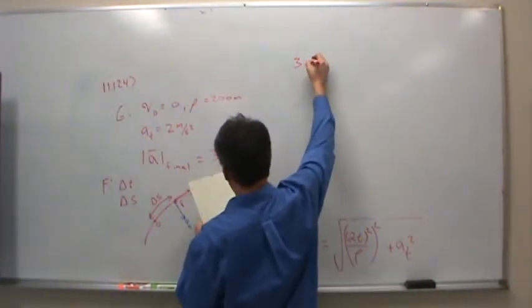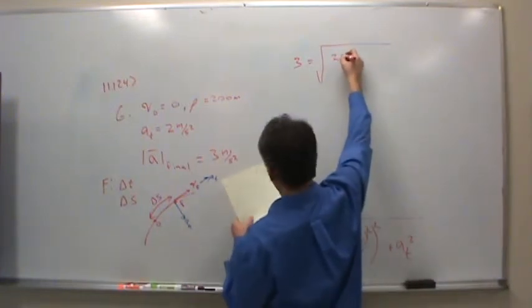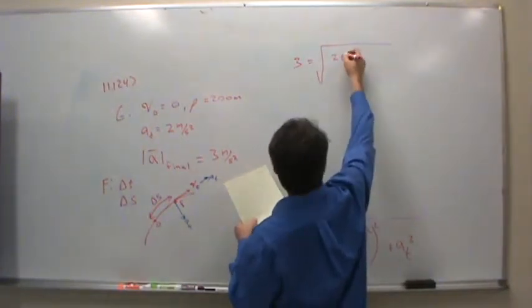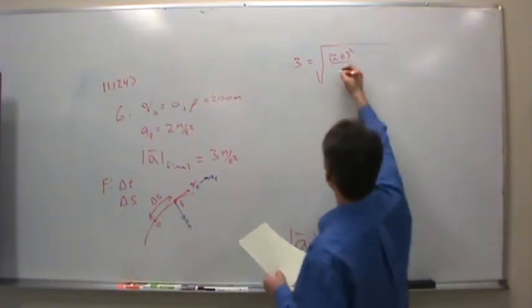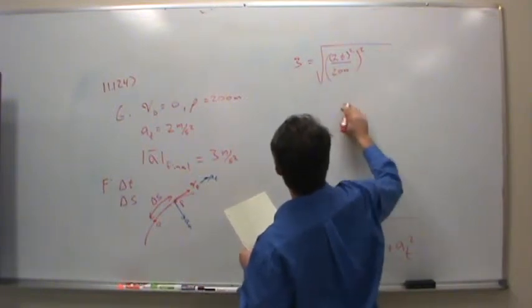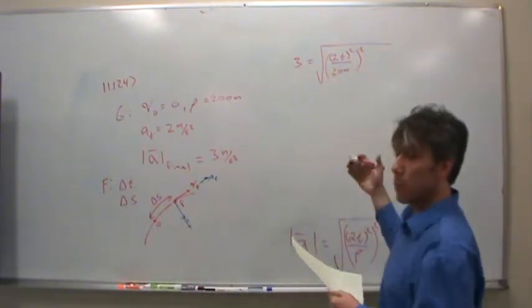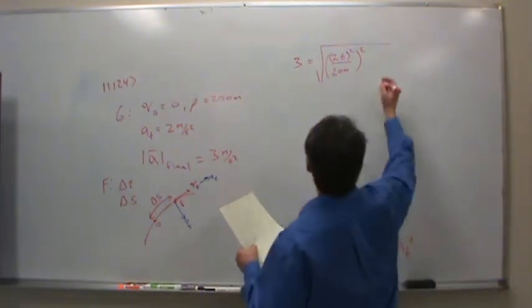3 meters per second squared equals the square root of (2t) quantity squared divided by the radius of curvature, which is 200 meters. Now, I'm going the wrong way on purpose. I'm not plugging in units, to show you a point.